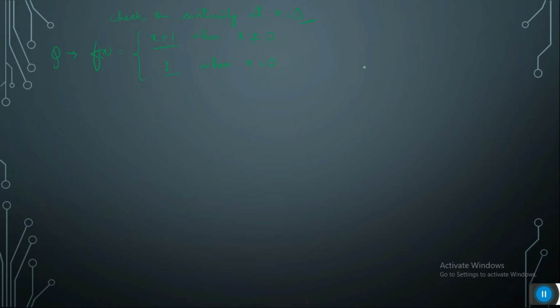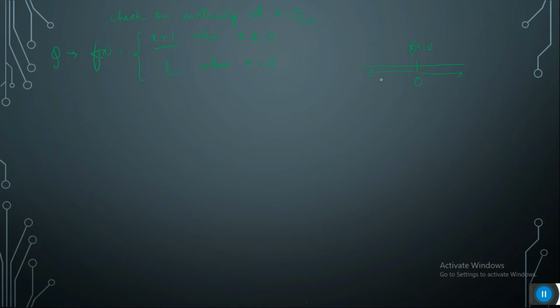That means when x equals 0 the value is 1, but when x is not equal to 0, in this direction, when x equals 0, your function becomes 1.